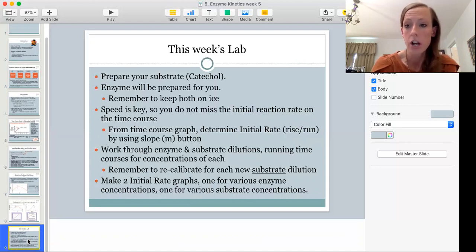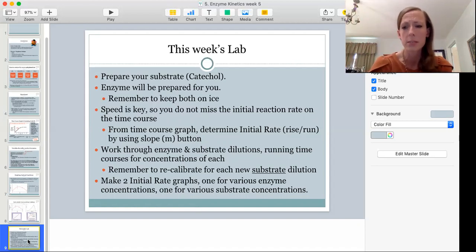And then just try to keep in mind that you want to be speedy, okay? The reaction happens very quickly. So one tip is you have to mix the substrate and the enzyme. One tip is to cut parafilm pieces prior to mixing them, so that when you pipette your enzyme into your substrate, you can use a piece of parafilm, invert it a couple times quickly, and stick it right in the spectrophotometer, okay?